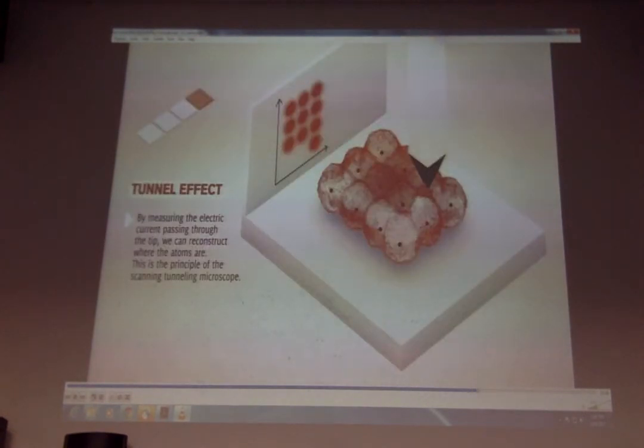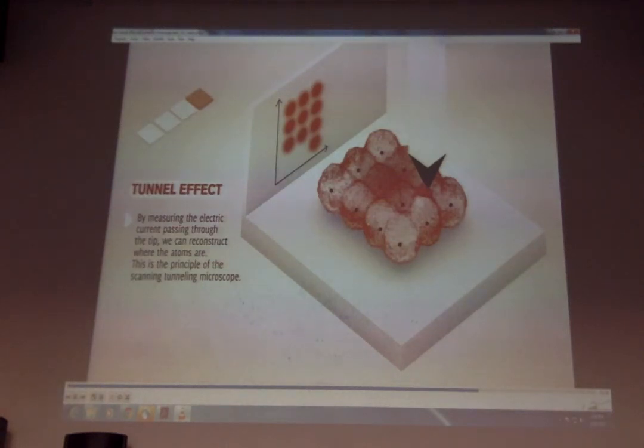Whenever there is a current flow through this, it also depends upon how far they are. So depending on this tunneling current, one can reconstruct how the surface looks. This is the principle behind the scanning tunneling microscope.